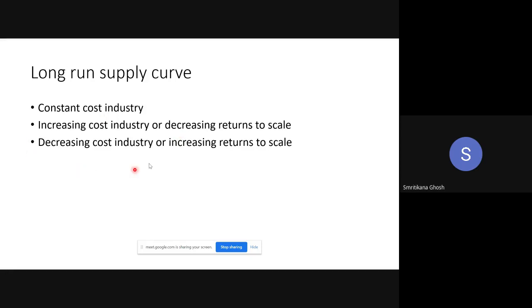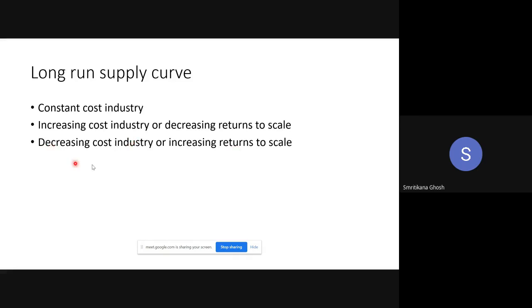There may be decreasing cost industry because of the increasing returns to scale. Don't confuse with that increasing, decreasing. Decreasing cost industry means there is increasing returns to scale. That means if you are spending 20% more for your inputs, you will get more than 20% as a return. Okay, so there is economies of scale actually.